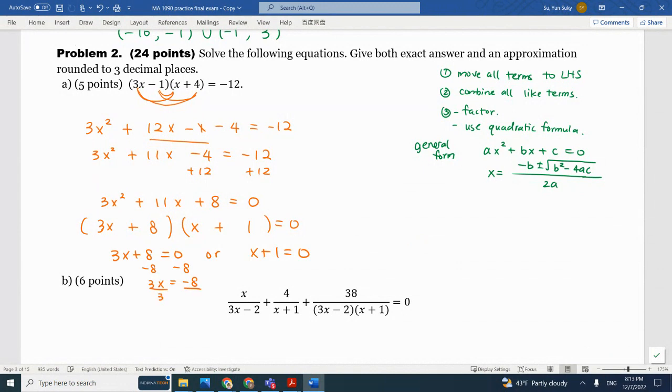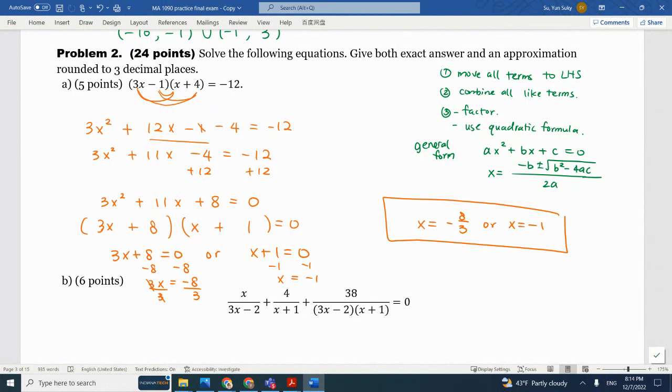And then both sides divided by 3. So x equals negative 8 over 3. Here, subtract 1 on both sides. So we get x equals minus 1. So our solution, x is negative 8 over 3, or x equals minus 1. So this is part A.